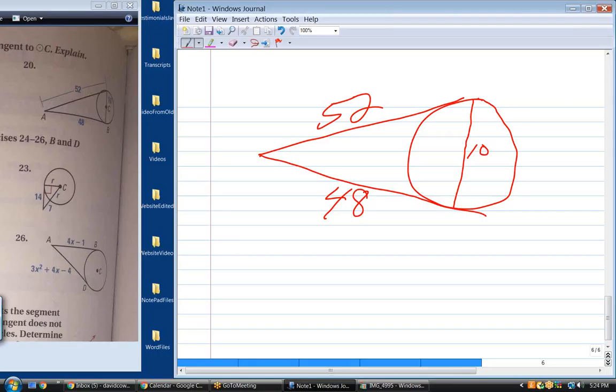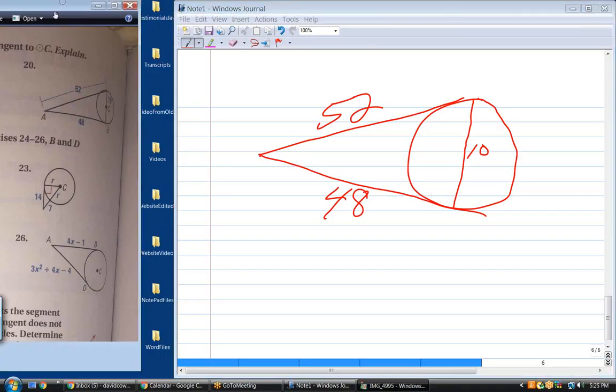I did 52 equals the square root of 48 plus 10. No, they didn't ask about this line here, whether it's tangent or not. They only ask about this line here.